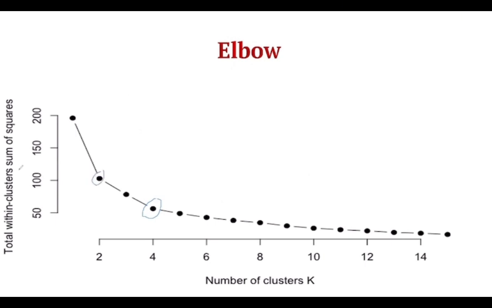What you can see right now is that initially, if you take a look at the vertical axis, it is the total within-cluster sum of square, and don't forget we want to reduce that.